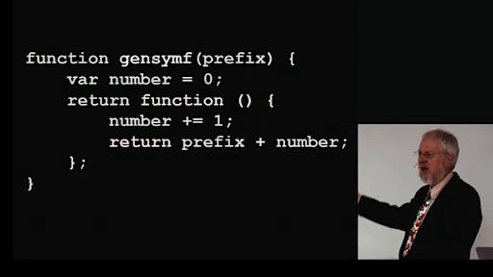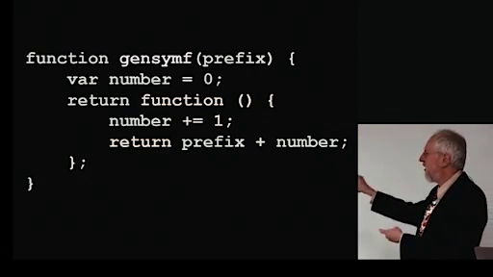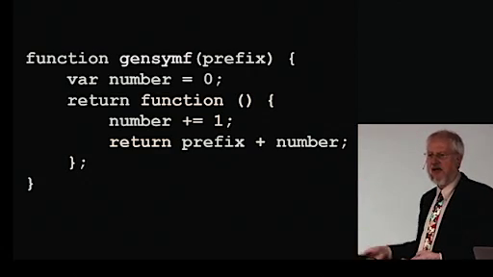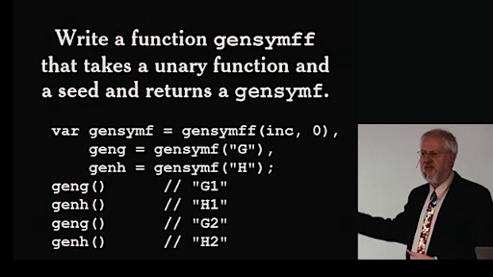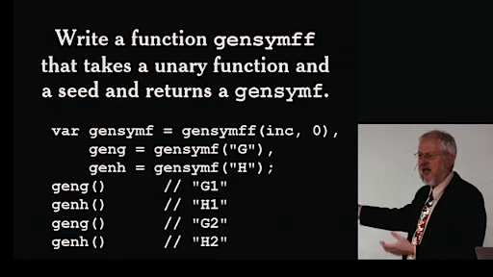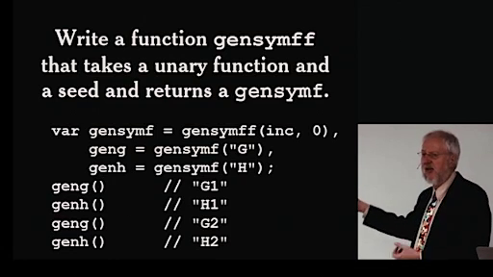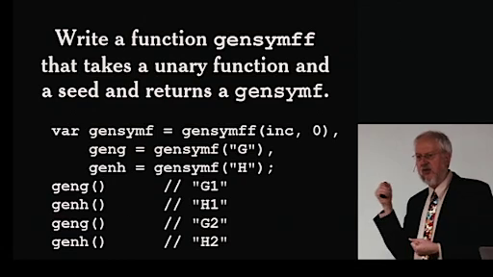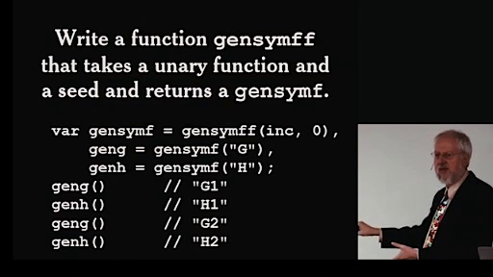And you could wrap that with a factory. So just for fun, let's look at what this would look like if it were a factory. So gensimff is the factory. And we're going to pass the increment function and the initial seed value to gensimff, and it produces a function that works exactly like gensimf, and it'll make those sequences, right?